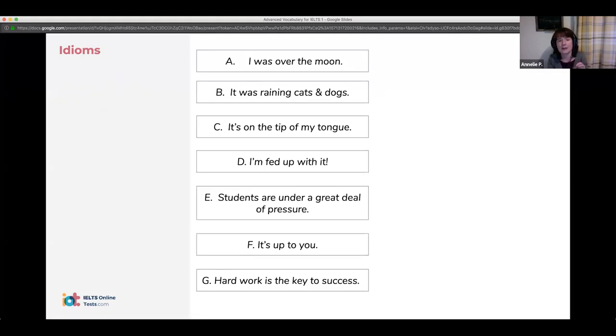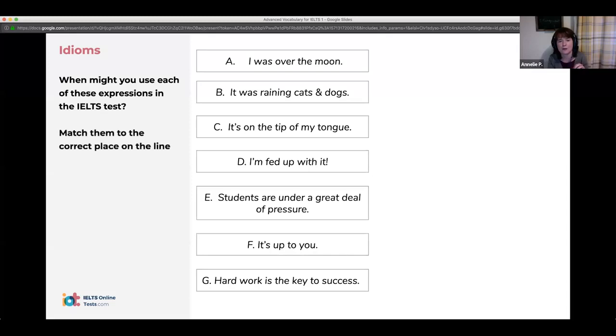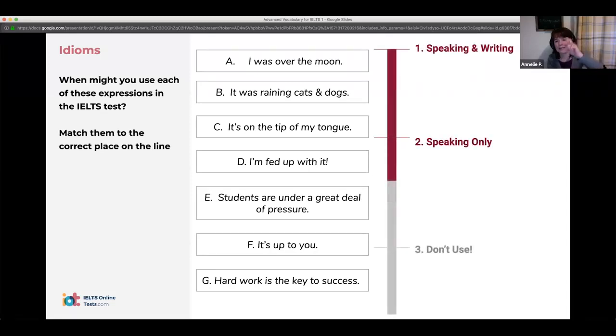So let's have a look at how these work. We've got 3 options. Okay for both speaking and writing, okay for speaking only, and just don't use it at all. So which ones do you think are okay for speaking and writing? G, definitely. G works very well. What else?